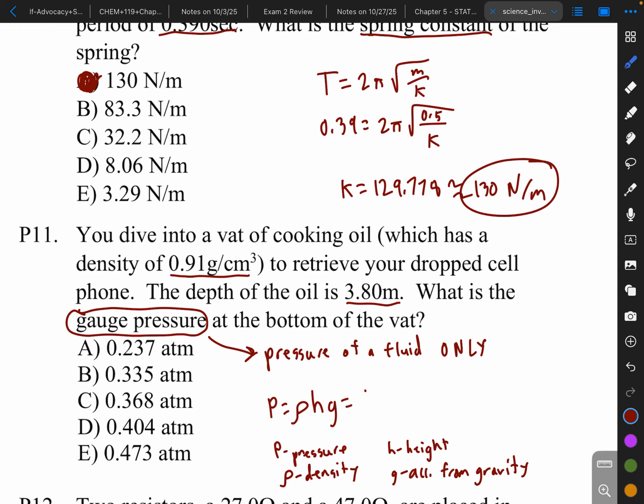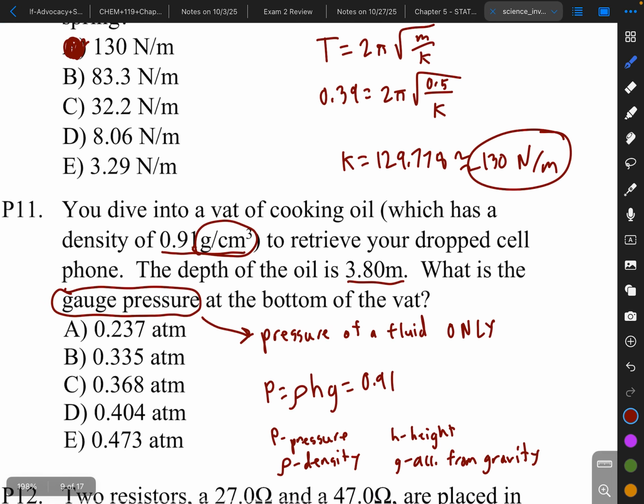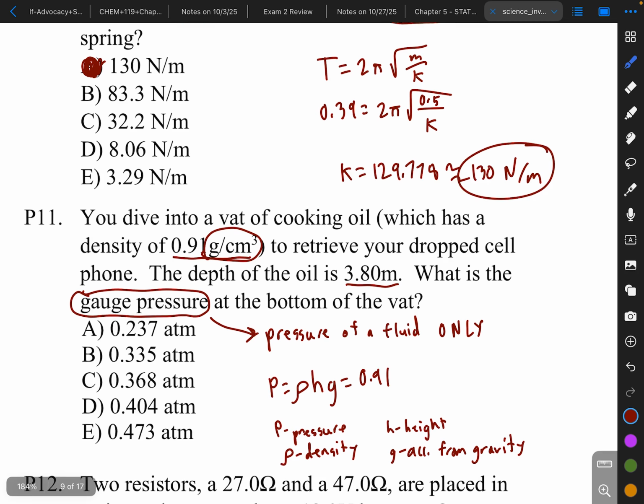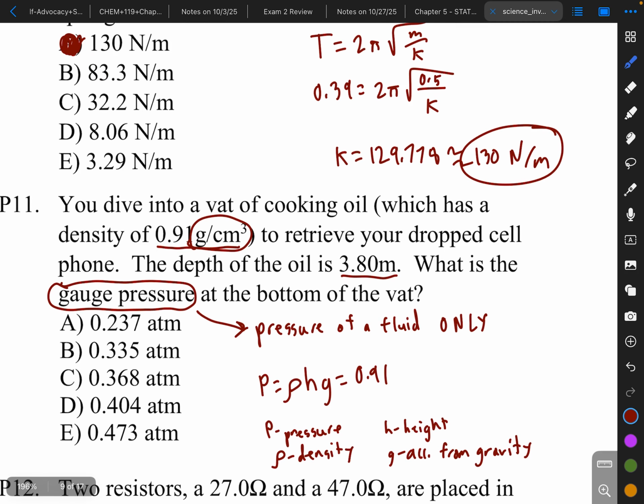So plugging in the numbers, we know that the density is 0.91. But one thing I want you guys to know once again is, look at the units. Grams and centimeters, neither of them are the standard physics units, so we need to convert that. So 0.91 grams for every 1 centimeter cubed.